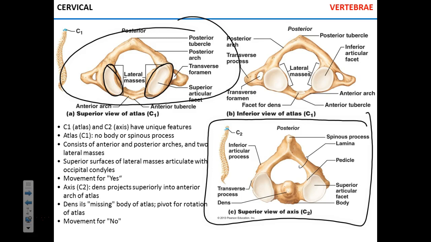Can you see that? Dens, which I'm tapping on right now, represents the missing body of atlas. Dens of C2 is the missing body of C1. Now, dens, we don't have this picture here, but imagine this for a second.